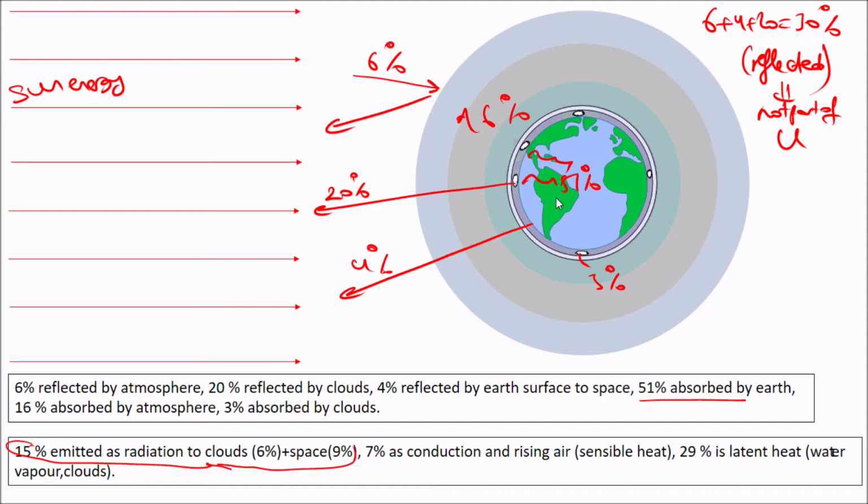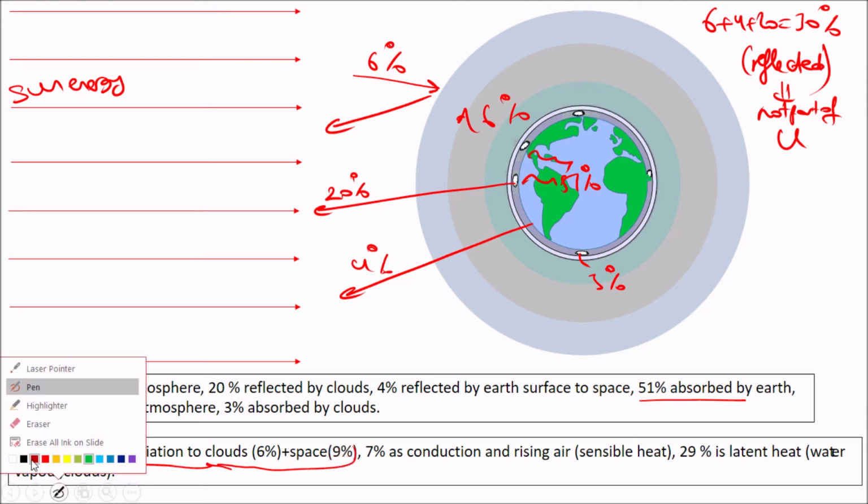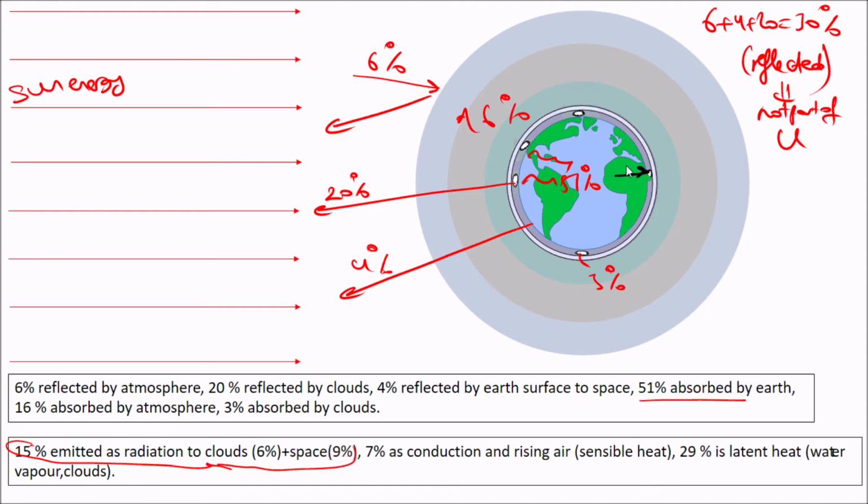Because 51% is absorbed, the absorbed energy will be emitted, 15% to clouds, again 15% to clouds, it is emitted. So if you see emission, it means that it is part of internal energy, so the temperature may drop, but since it is in thermal equilibrium, the temperature doesn't drop. 7% as conduction, and 29% as water vapor and the clouds.